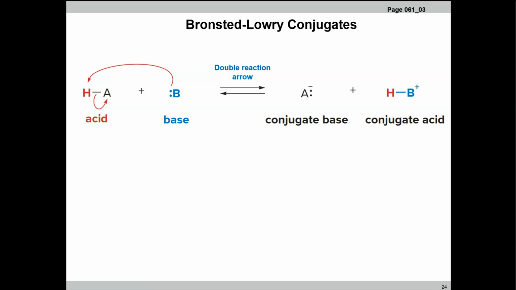Remember, the arrows draw from the lone pair of electrons that are shown here, and they're going to point towards that proton. Now, typically, not always, but usually, there's going to be some type of electronegativity difference between these two. So you can think of these as a negatively charged center, and we're going to be pointing towards a positively charged center.